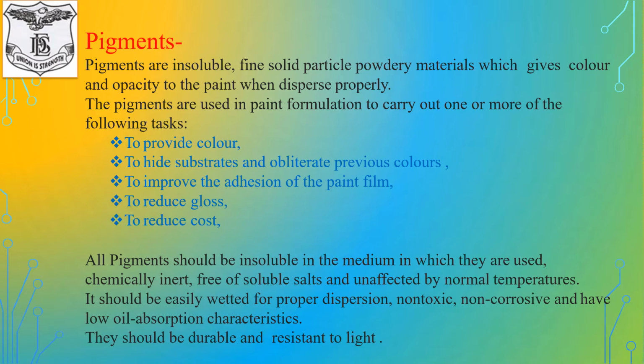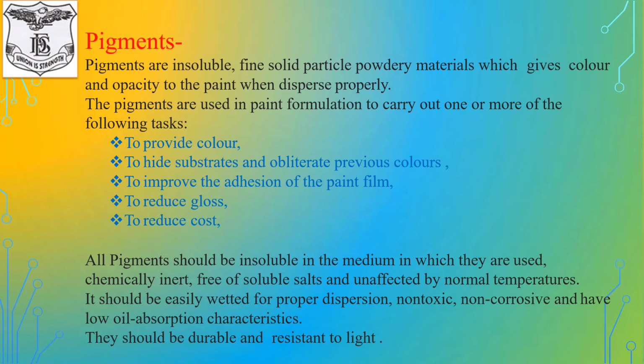It also provides hiding power or obliterates previous colors. It improves the adhesion of the paint film. Some metallic pigments play a very important role in providing good adhesion on the base metal. It is also used to reduce the cost and to reduce the gloss of the coating system.